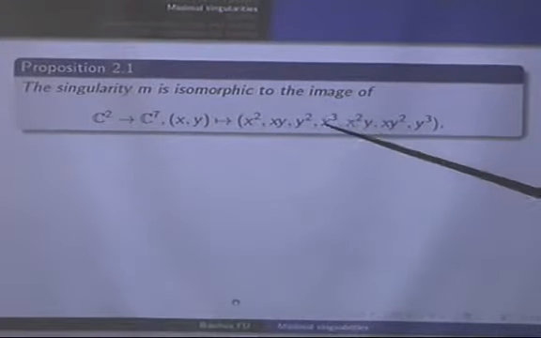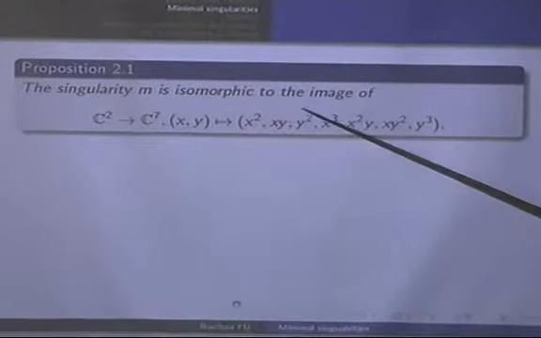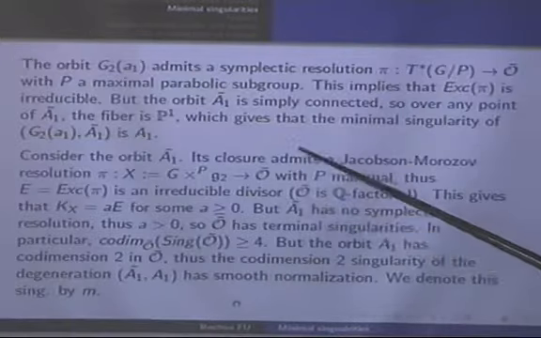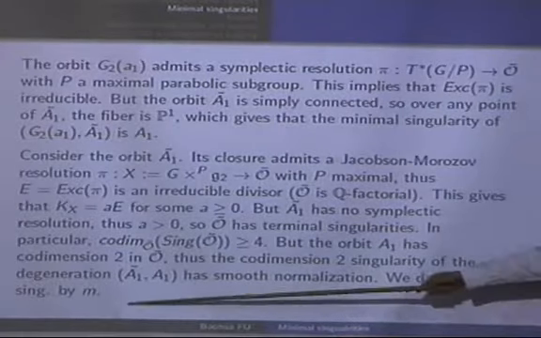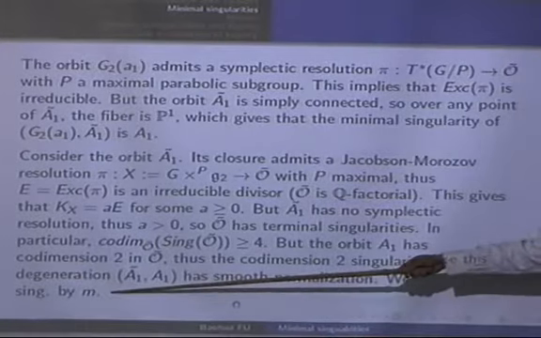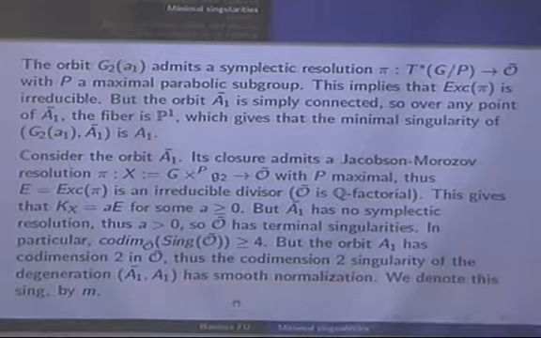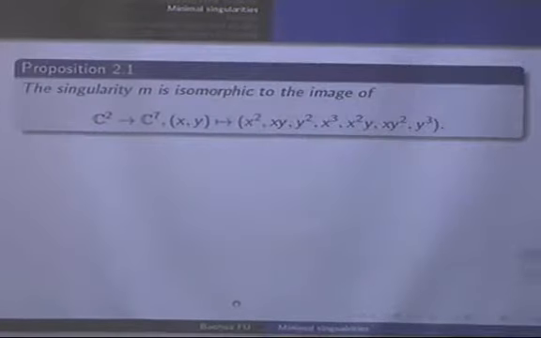So the first part is just the A1 singularity, but we should add the other 4 terms. So we have 3 methods to prove this, but before, no one has made it out in Kraft's paper. He just studied, seeing that the normalization is smooth, but no one has written this out explicitly.